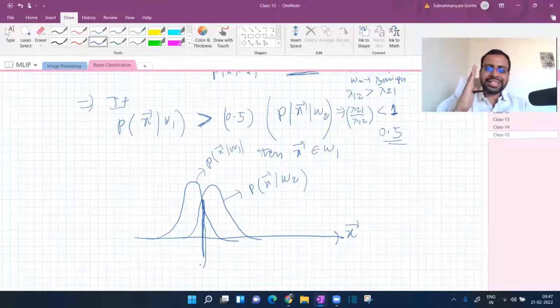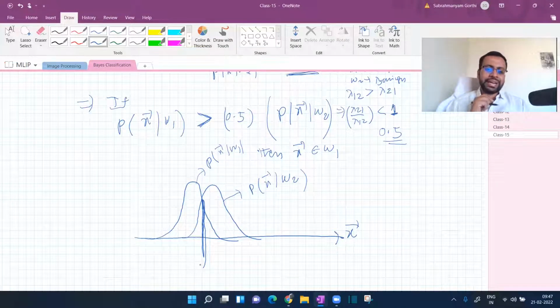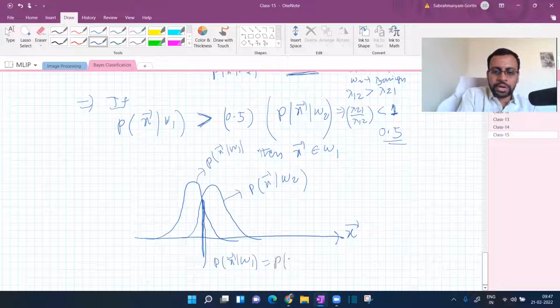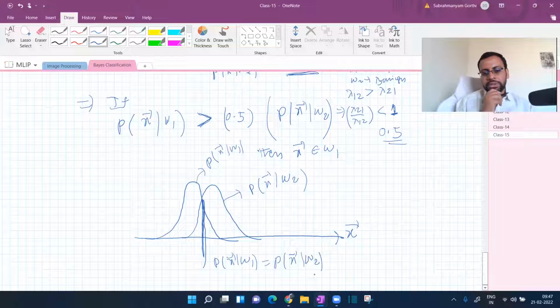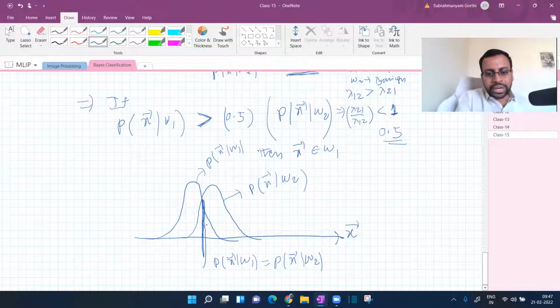You can call it a decision line, particularly when your x bar is one dimensional. Now, will that decision line move to the right or left? This is where probability of x bar given omega 1 equals probability of x bar given omega 2, isn't it? Now, will that line move to the right or left? It will move right, sir. Very good. It moves right.